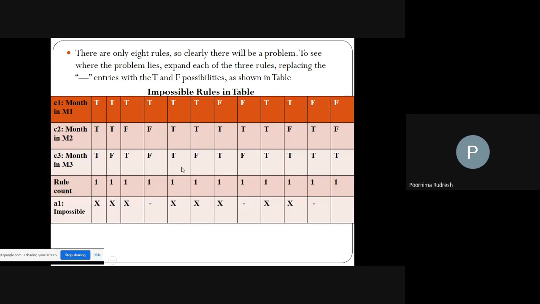That's why it is an impossible case. And here it is true, true, F. So we are considering the Cartesian product of all possible cases, and for all the possible cases we are considering the input. For some sets of inputs it is not able to define an output, and those are treated as impossible inputs.